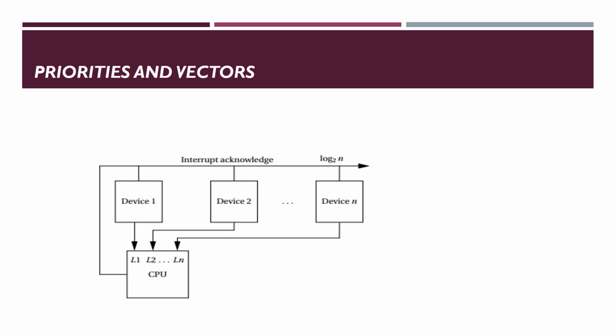Then the priorities and vectors. How the different input-output devices or some external devices giving multiple interrupt signals to the CPU, how will the CPU handle it? Here device 1 will generate some interrupt, device 2 will generate some interrupt, and device N will generate some interrupt. So instead of servicing all the devices, it will check the interrupt priority. Whichever device gets the highest priority, that interrupt is called the non-maskable interrupt.